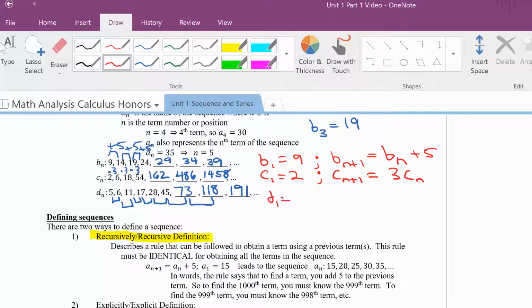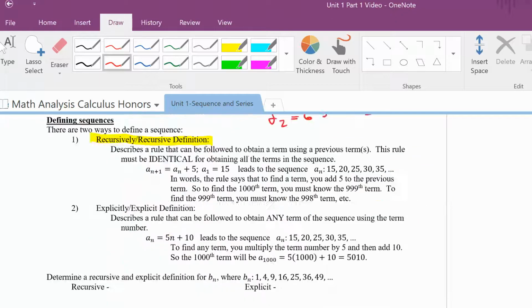So D sub 1 is 5, D sub 2 is 6, and I would say that D sub n plus 2 is equal to D sub n plus 1 plus D sub n. So it's the next term is equal to the sum of the previous two terms. And that is how you write a recursive formula for them.